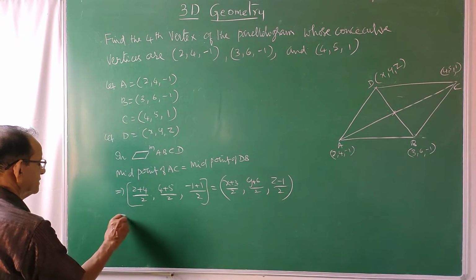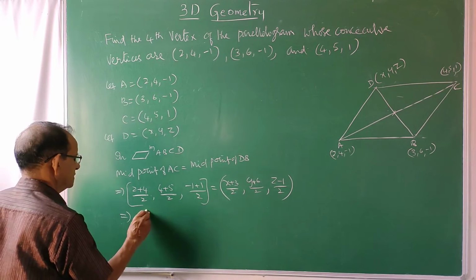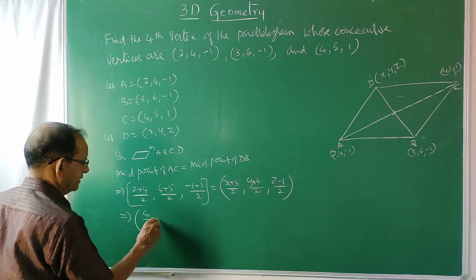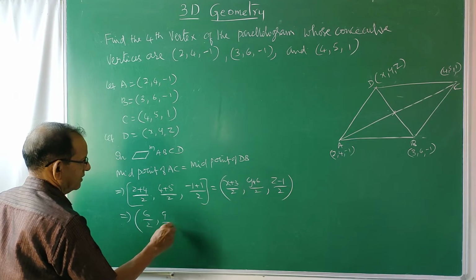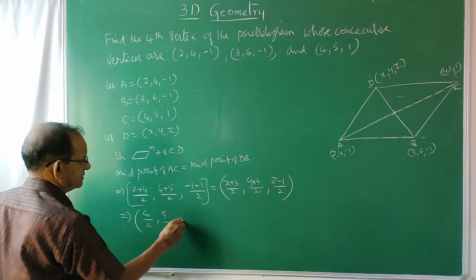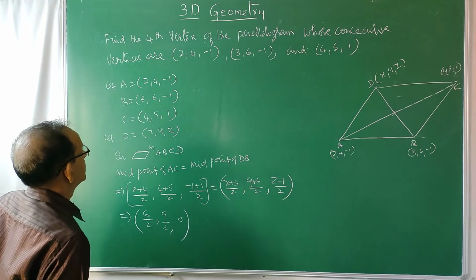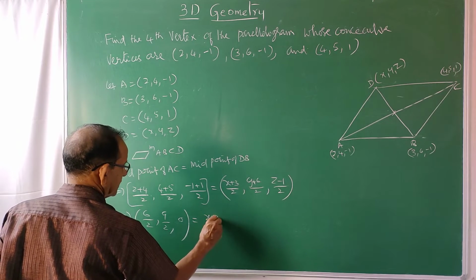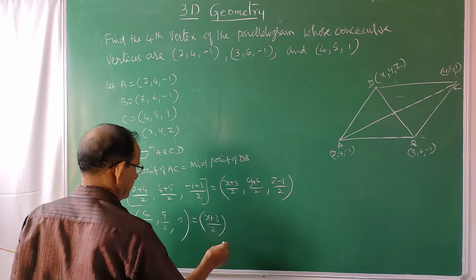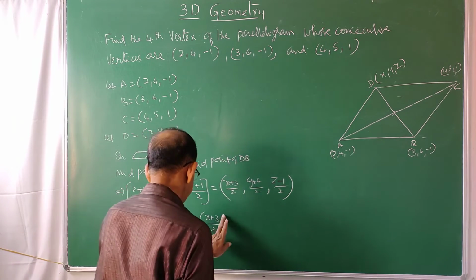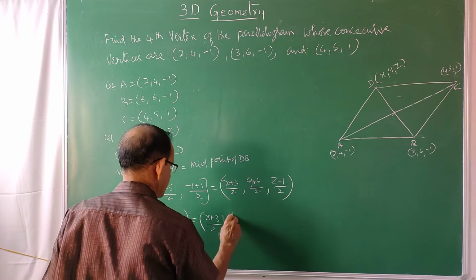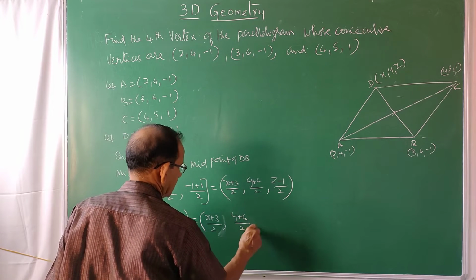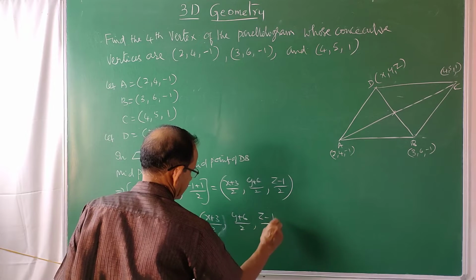That implies 6 by 2, 9 by 2, 0 by 2, that is 0, minus 1 plus 1. So that is equal to x plus 3 by 2, comma, y plus 6 by 2 and z minus 1 by 2.